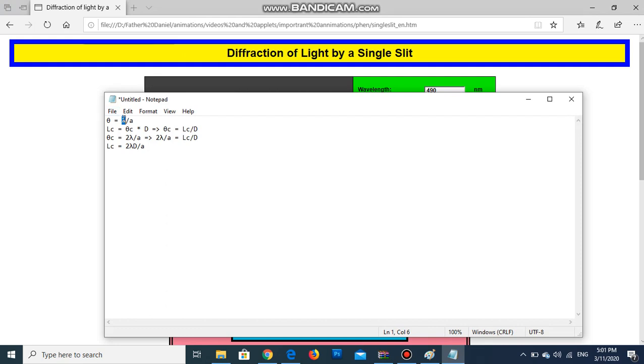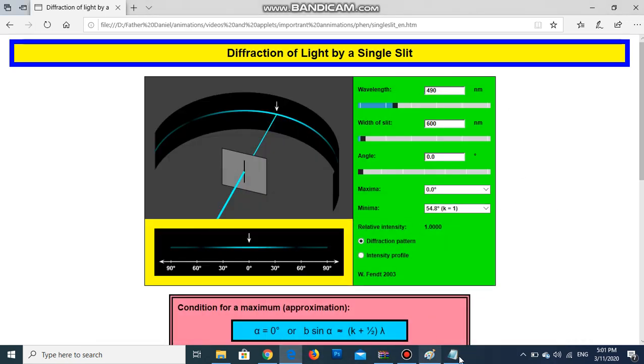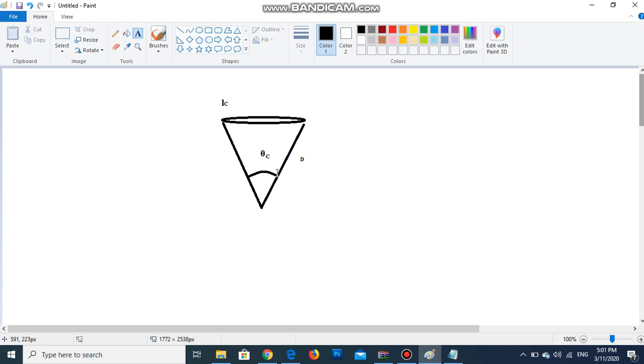Now theta equals lambda over a, but for the central fringe, I may say that theta_C is equal to 2 lambda over a because the central fringe is double the others. Now, geometrically, I can relate theta_C and L_C with the distance from the slit to the screen.